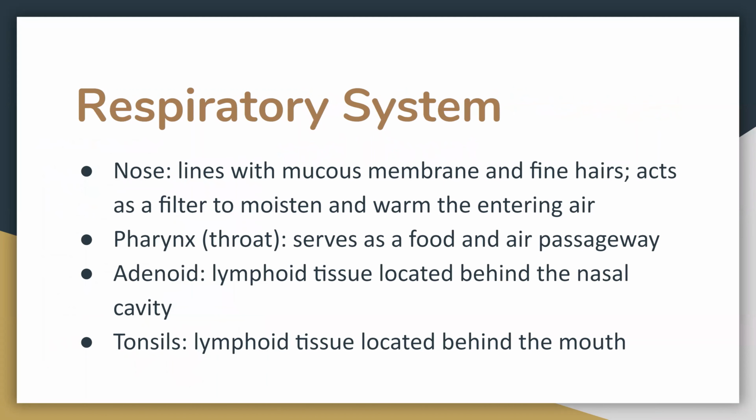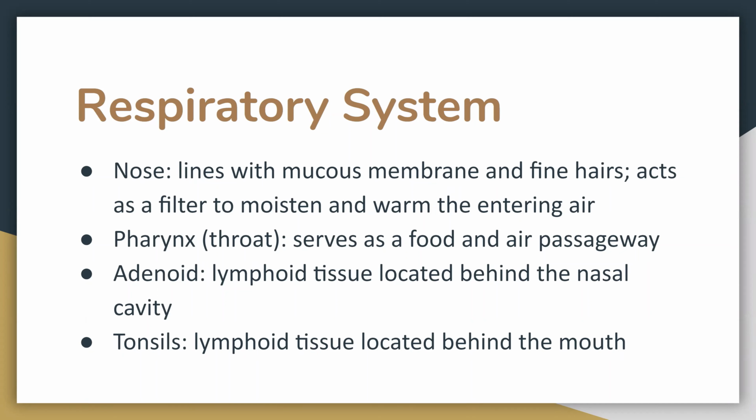Now, the respiratory system, as I mentioned, is comprised of various organs. The first one is the nose, which is lined with mucous membrane and fine hairs and acts as a filter to moisten and warm the entering air. The pharynx or throat serves as a food and air passageway. The adenoid or lymphoid tissue is located behind the nasal cavity.